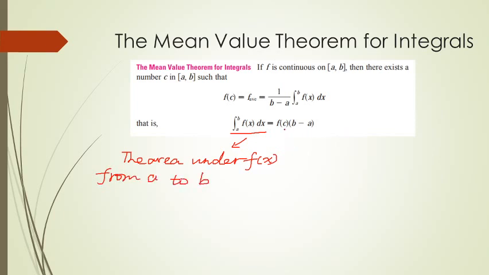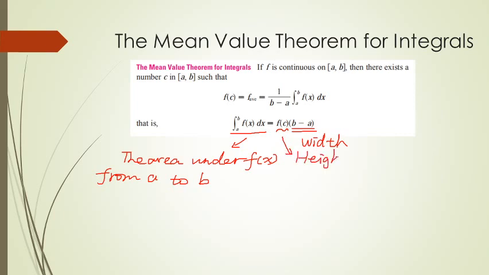What does the right part mean? b minus a is the width. What is f(c)? Here c is fixed, it is one number. So f(c) will be a function value, and you can also take this one as the height, okay?